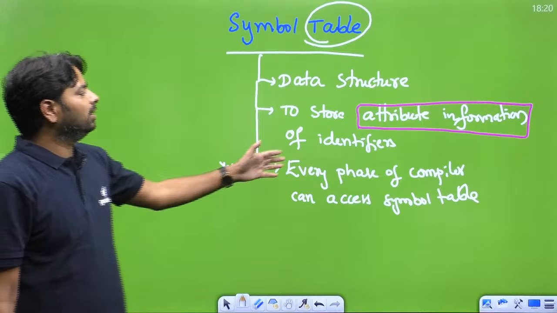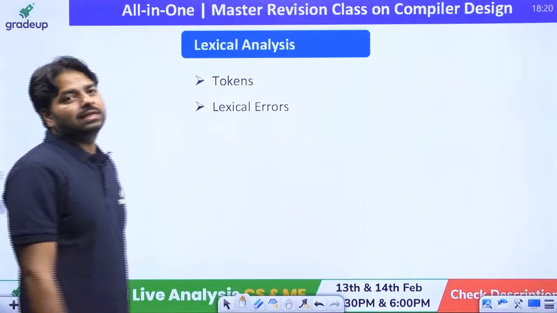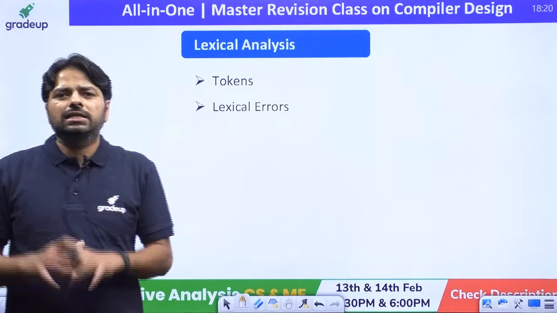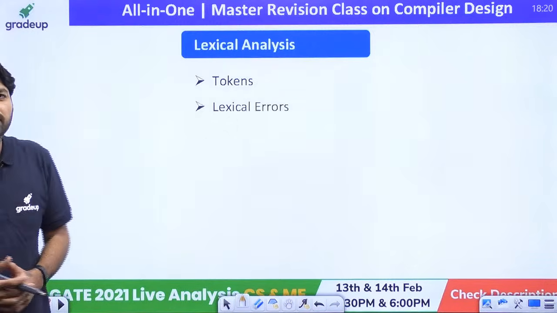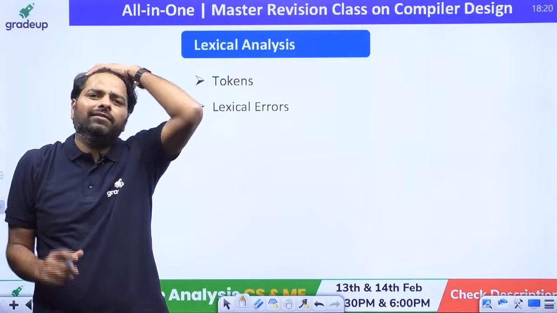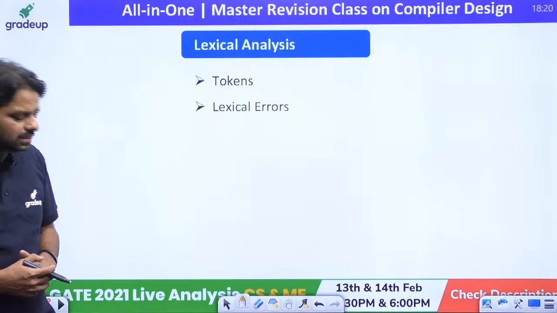So now let's talk about lexical analysis. The first phase of the compiler is called lexical analysis. Tell me, what are all the names that you have? Yes, error handler, that I am not talking about. Error handler, I will talk about after some time. Okay, let's talk about lexical analysis.